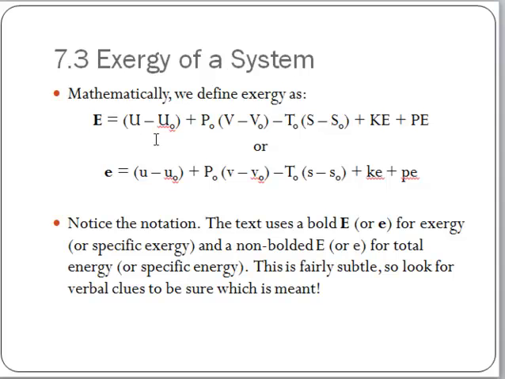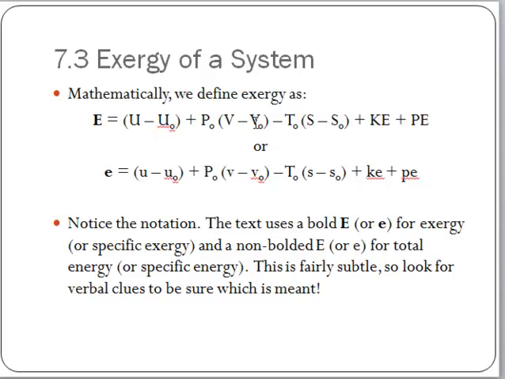Maybe it's moving. So the U of my material minus the U it would have if it were at the dead state, plus the pressure of the dead state or the surroundings, times the volume difference between these two, minus T naught times delta S.